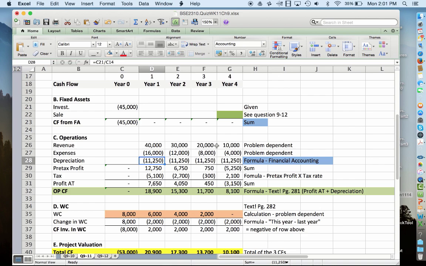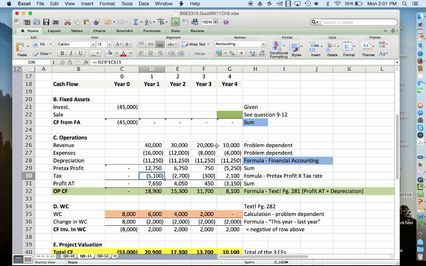Okay? I calculate pre-tax profit, just like I did over there. I calculate tax, and their tax rate is 40%. So I calculate that. Profit after tax, just like I did over there.